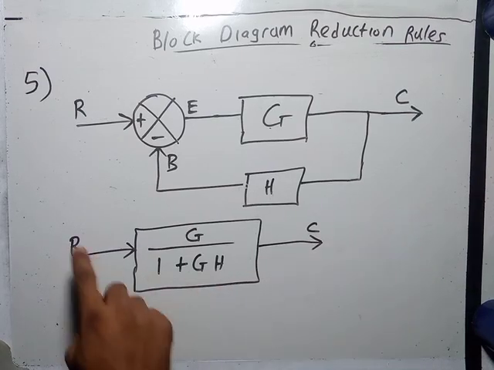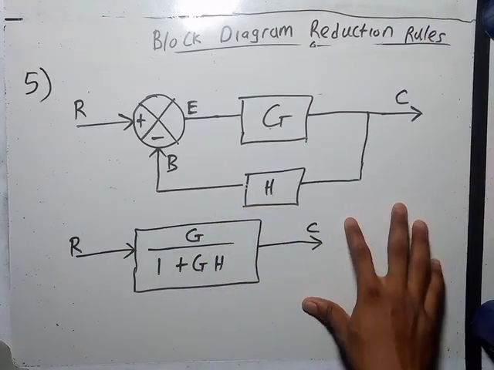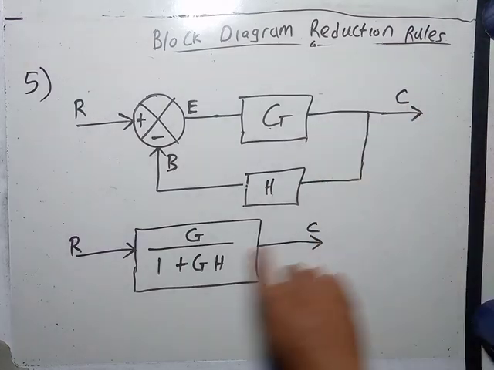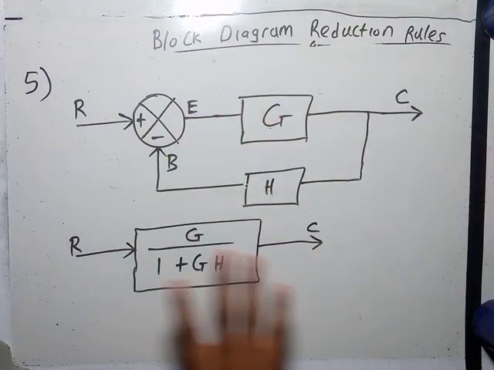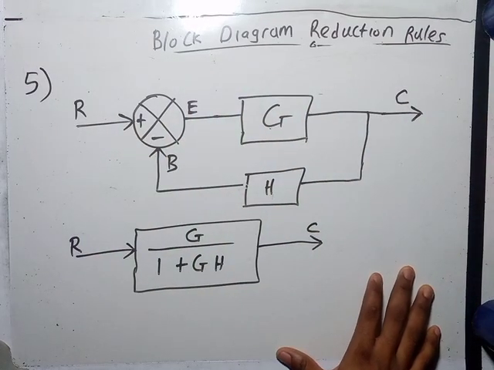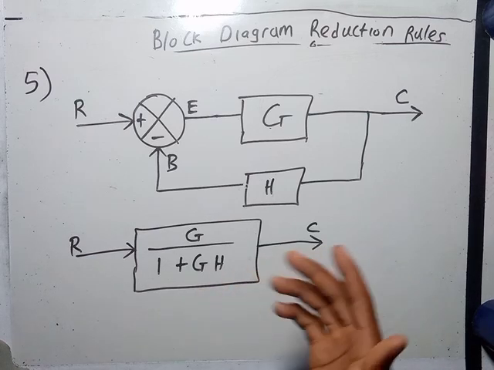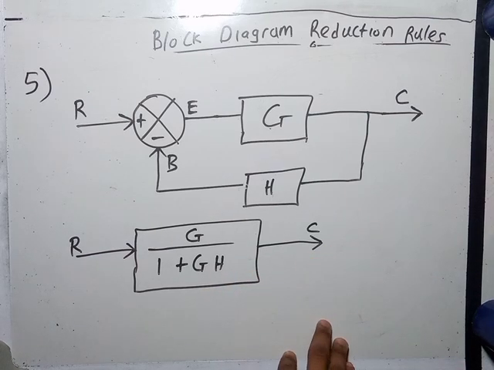Your output will then be R multiplied by everything here. This is how it is being represented. It has been derived in one of my videos, so I will advise that you check it out.